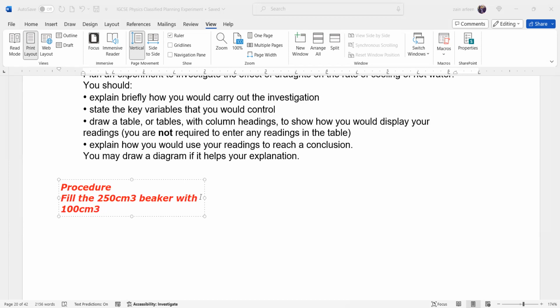Try to mention the maximum apparatus which you are utilizing for the experiment, like the name of the apparatus.